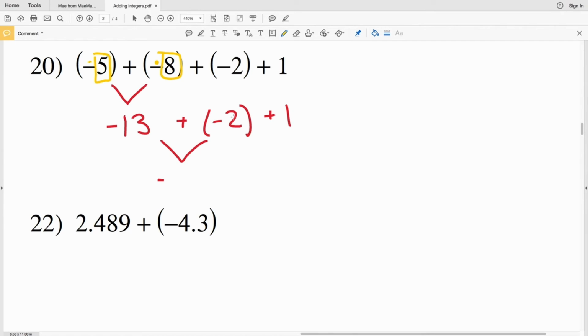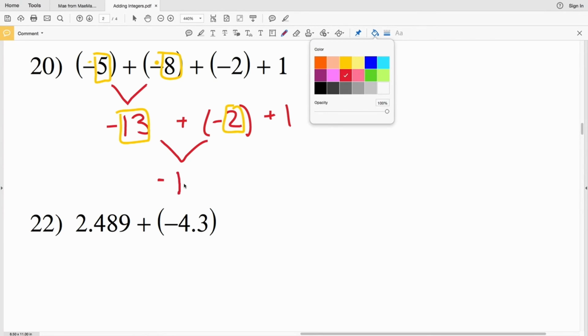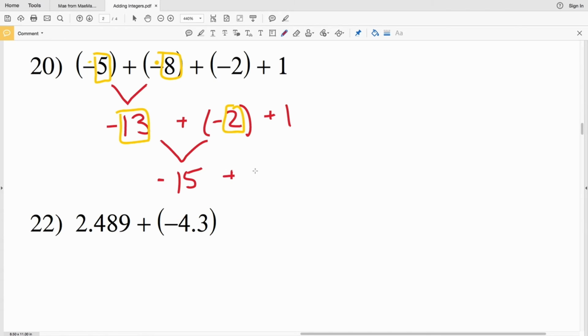And since they're both negative, let's just go ahead and add the 2 and the 13 together to get 15, but remember that 15 is negative. So you're starting at negative 13 and moving 2 to the left to get to negative 15. And then we're left with plus 1, so negative 15 plus 1, so moving from a negative 15 to the right 1 unit, we're going to land on negative 14.